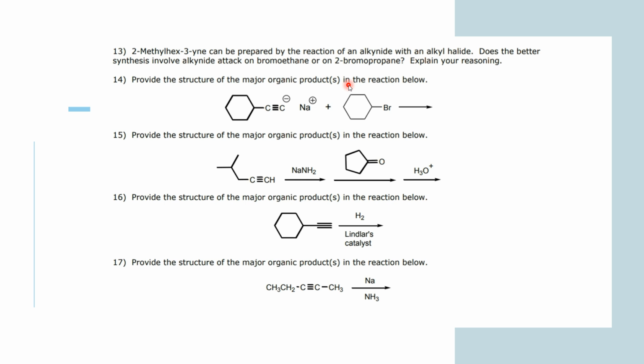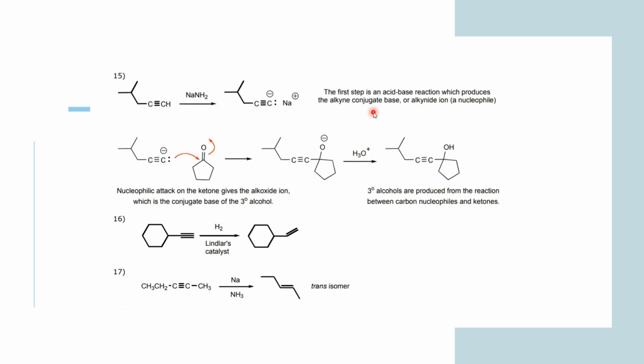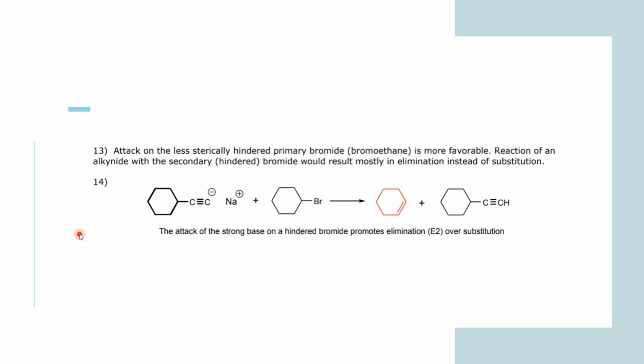In the next question, we were given this alkynide and we were asked to identify the major product if we react it with this alkyl bromide. We saw how we had two possibilities, substitution versus elimination, but since we had this sterically hindered haloalkane, we got an elimination reaction in this case.